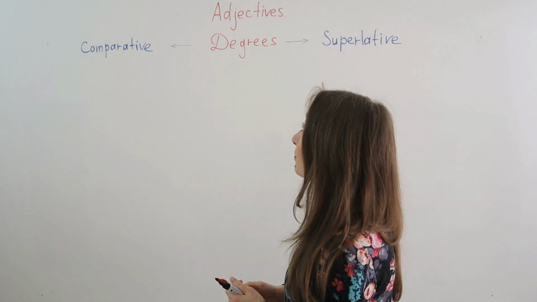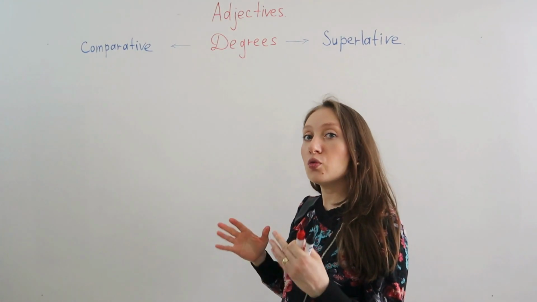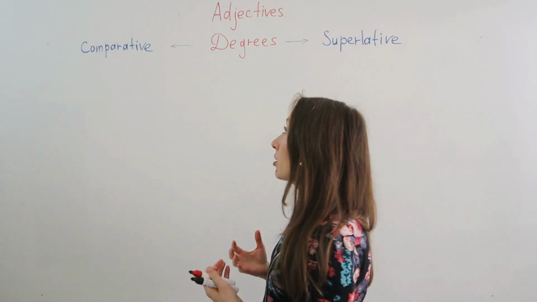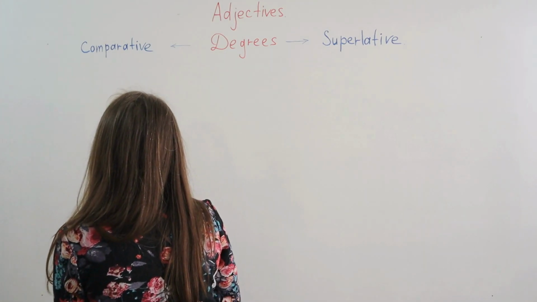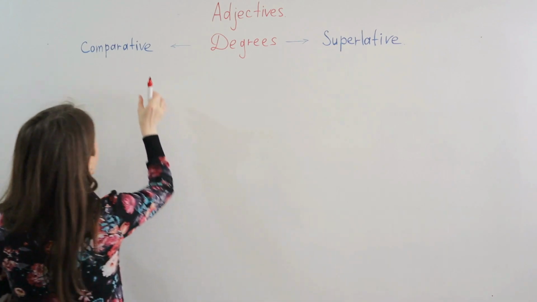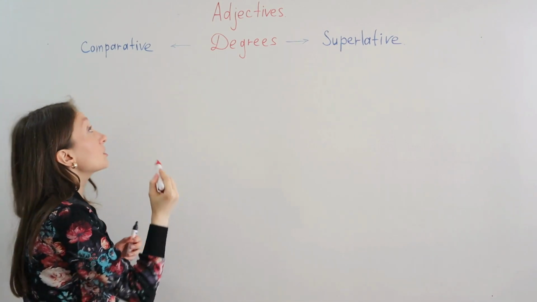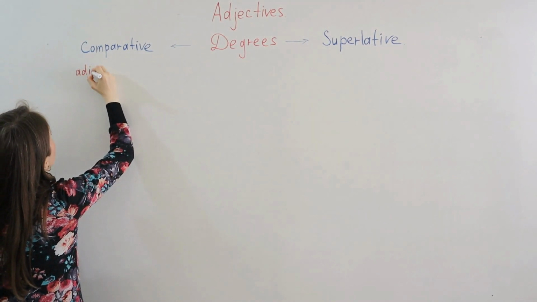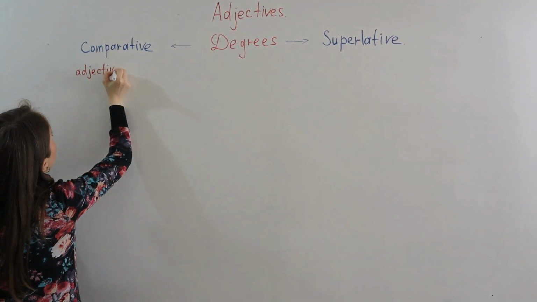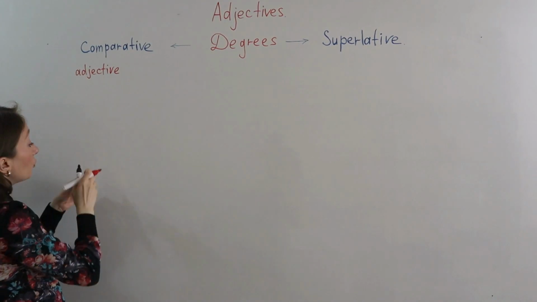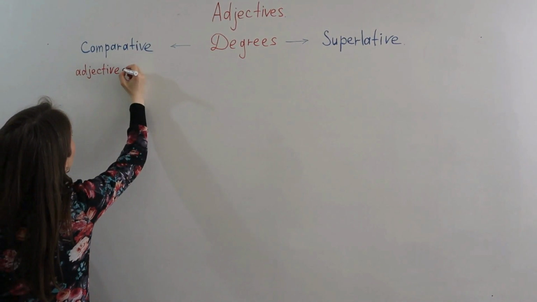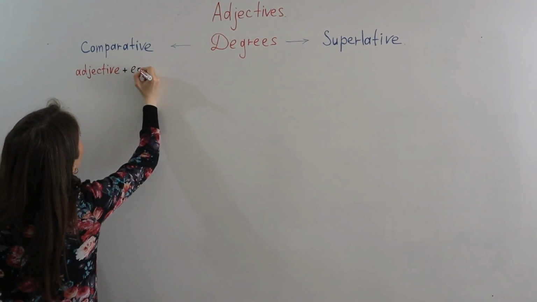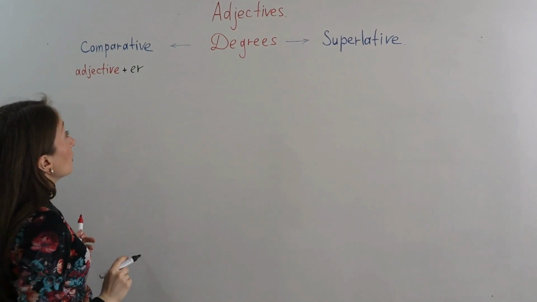So let's take comparative degree. If you want to make a comparative form of adjective, you have to add some specific ending. For example, you have an adjective. I will write adjective, any adjective. And you have to add the ending er, right?